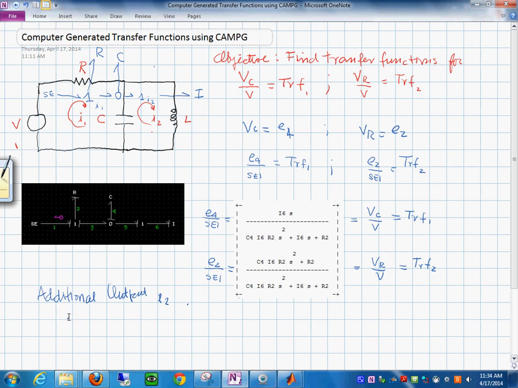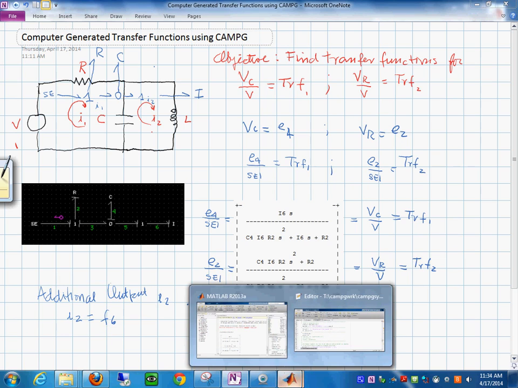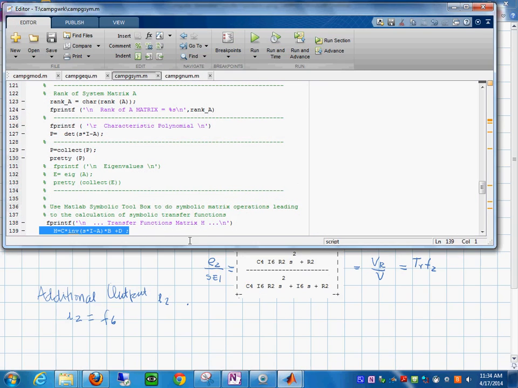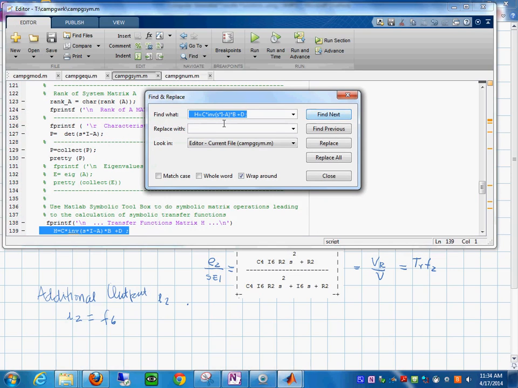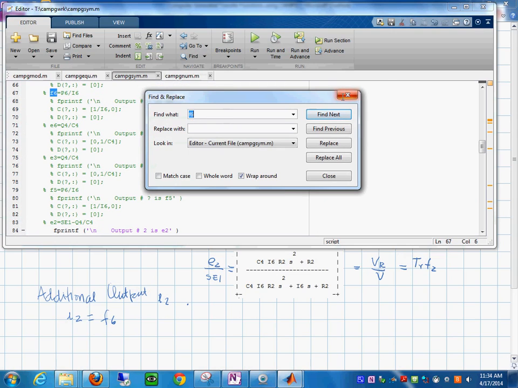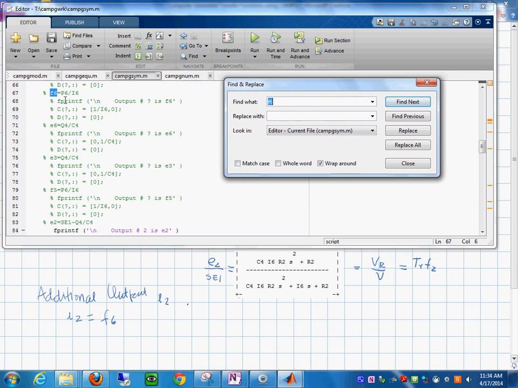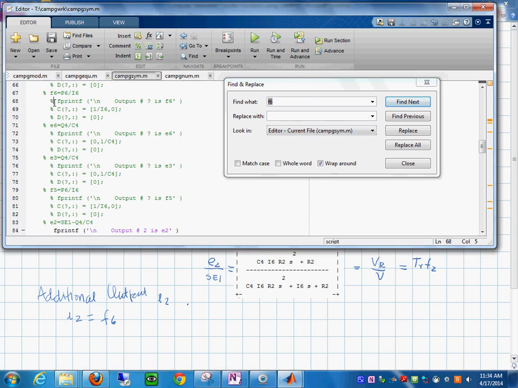So in here we'll say I2 is equal to, we could just say f sub 6. And so if we do that, we go and use the find, and you say, okay, look, I am looking for F6. So please find me F6, there it is. And this is going to become my third output in here.